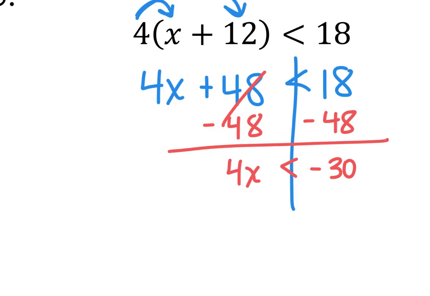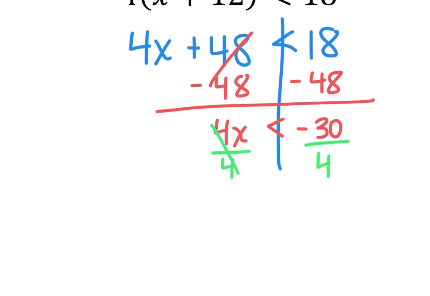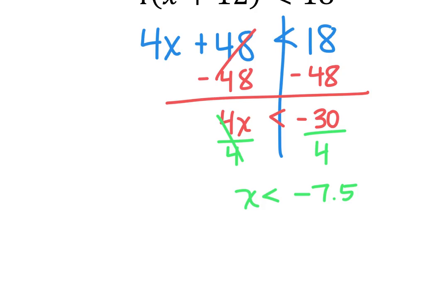And this won't be beautiful, but that's okay. So now we just have to divide by the coefficient. So we're going to divide by 4, and we get x is less than -7.5.